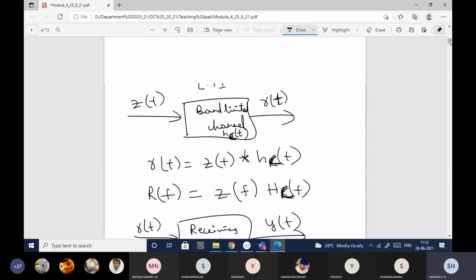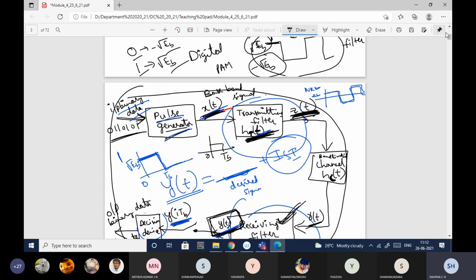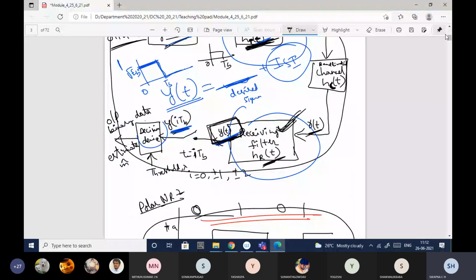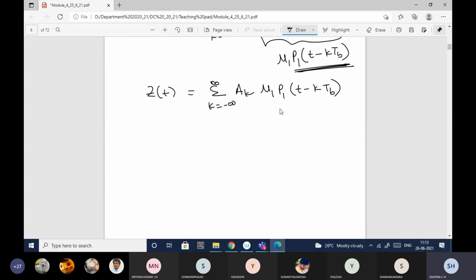Now, if you observe the block diagram, the z of t signal passes through the channel. Here the channel will have additive white Gaussian noise, w of t, whose mean will be equal to 0. This mu is just the scaling factor, not the mean or average value.